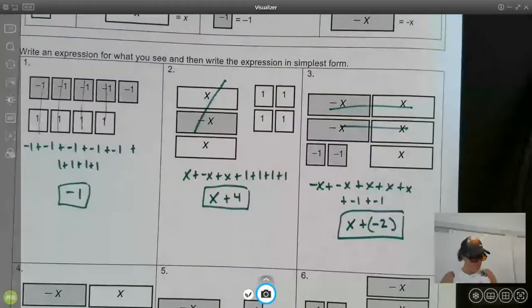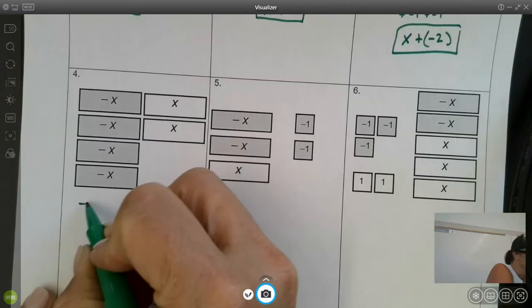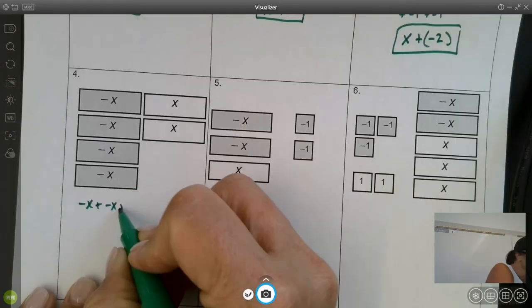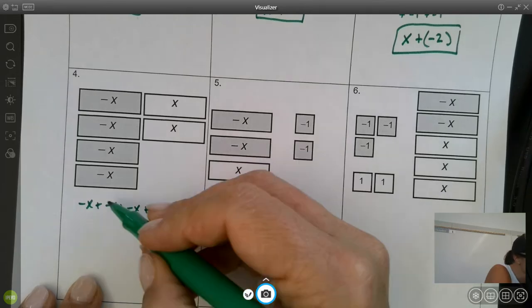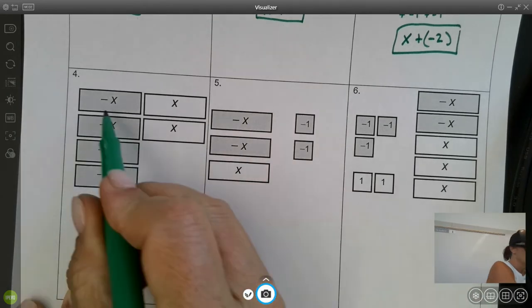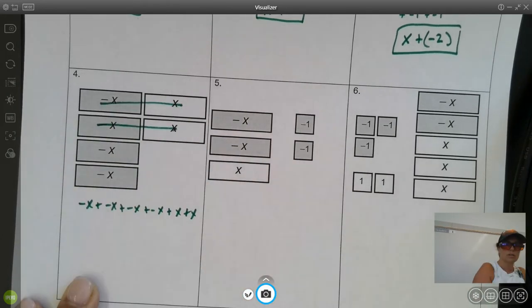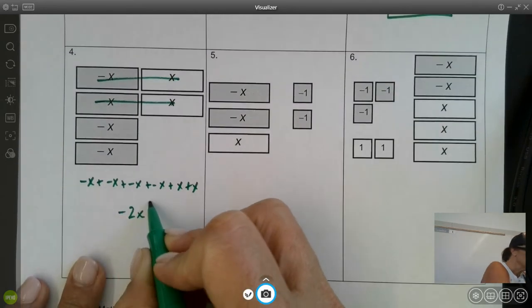All right, number 4. I see -x plus -x plus -x plus -x plus 1, 2, 3, 4. I had 4 of those, and I've got 2 of those. 0 pairs right there, and I'm left with 2 negative x's.